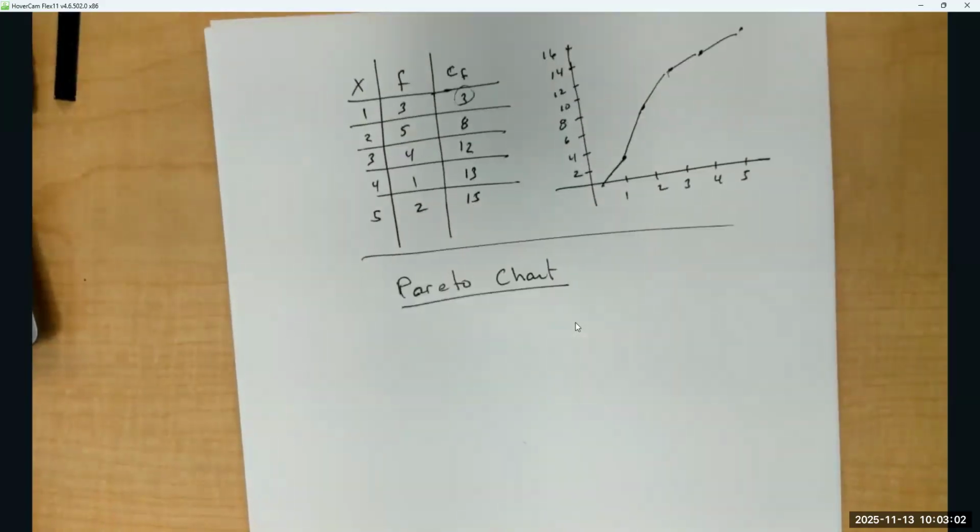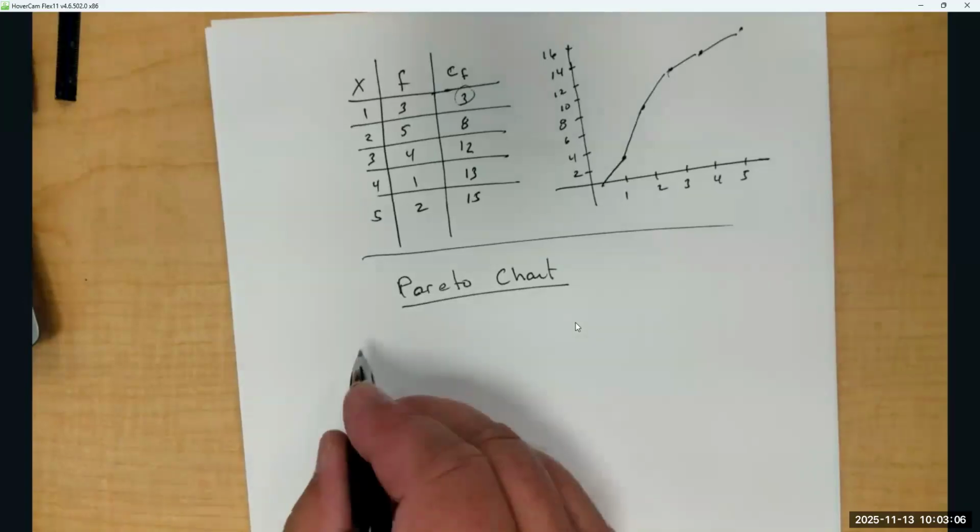Have you ever heard of a Pareto chart? Let me get the data here.